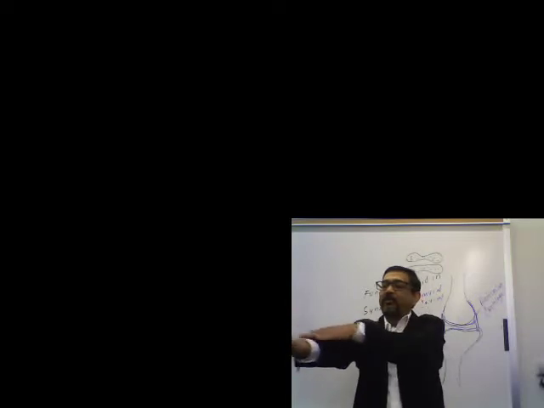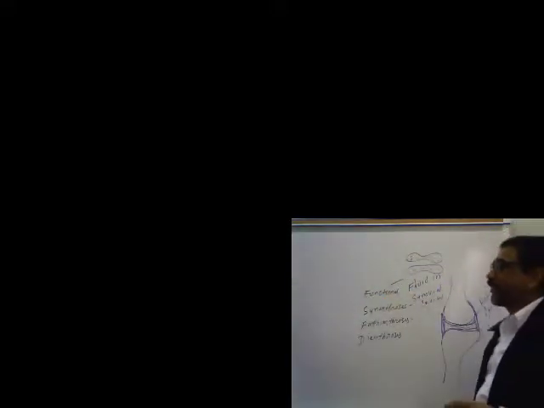When your forearm is in supine position, the radius and ulna are parallel like this. Now when I move my palm towards the ground, what happens? This end of the radius crosses. You see here, this end is fixed, this end is going to the other side. So what is happening? Like this. Crossover takes place in pronation.